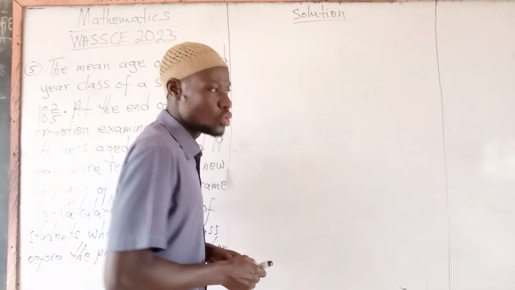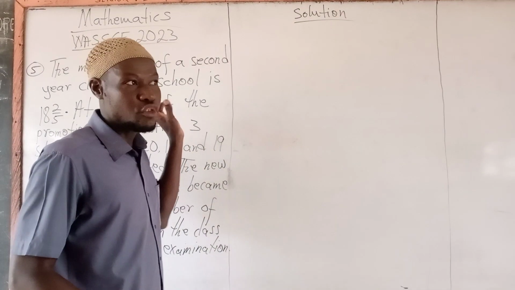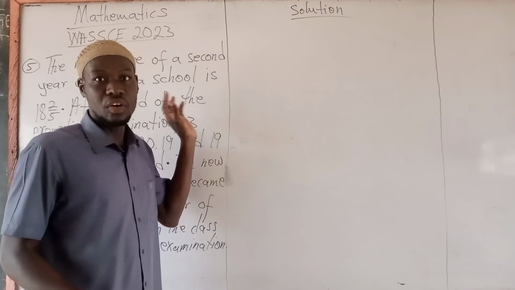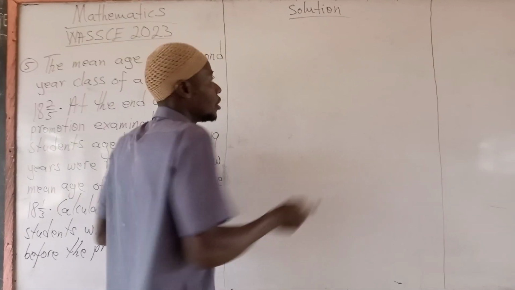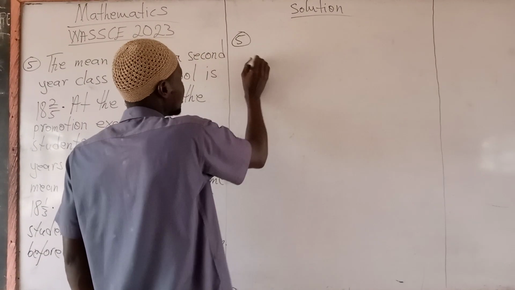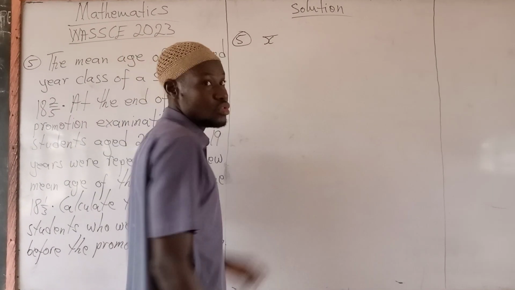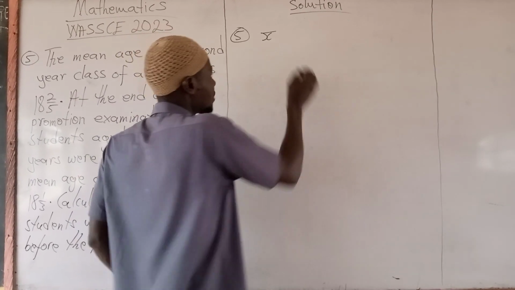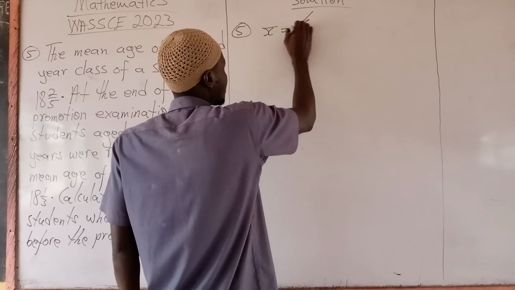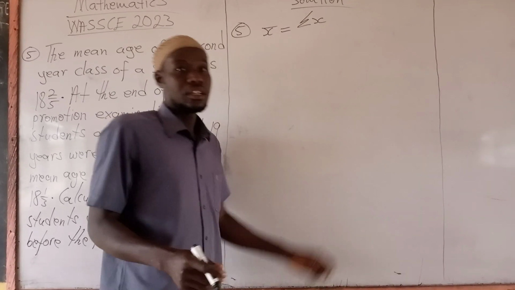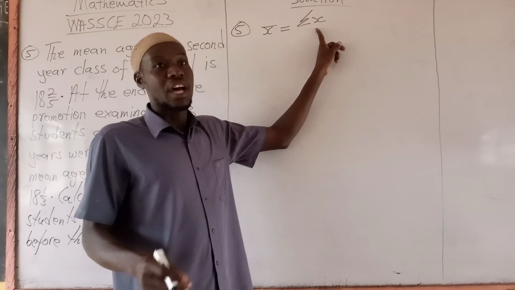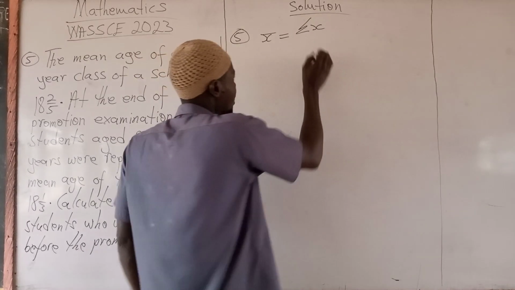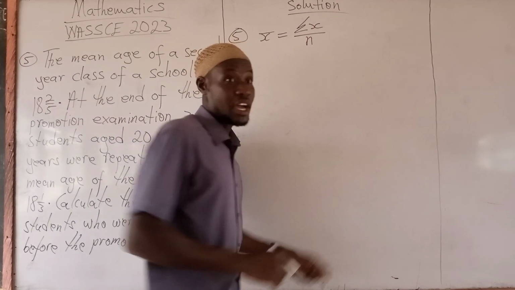For data of this nature, to find the mean, you use x bar, which we use to represent the mean. X bar is equal to the sum of the values of the items observed divided by the number of items observed.